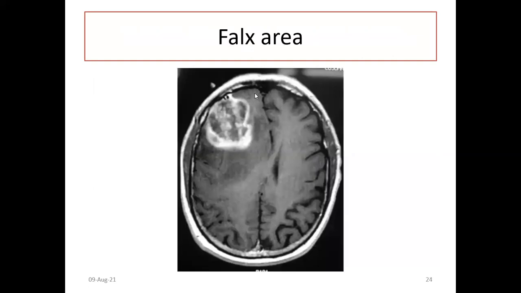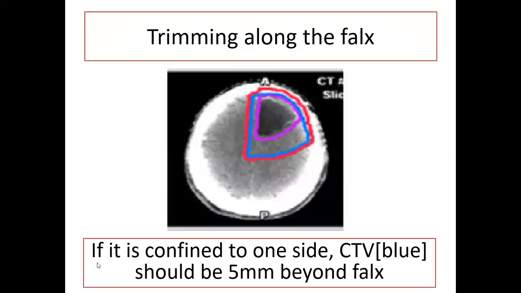The falx area is also always confusing, whether to include the opposite side or not. If the tumor is confined to one side, the CTV should be 5 mm beyond the falx, behind the falx.